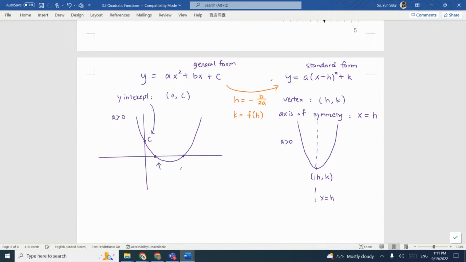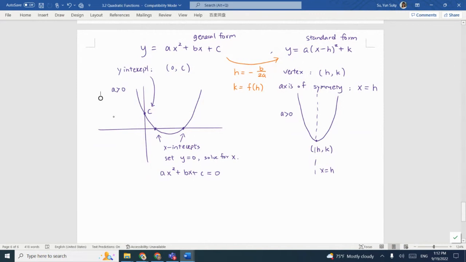The x-intercept is where we define the x such that the y equal to 0. Remember, we set the y equal to 0 and we solve for x. That's exactly the quadratic equation. Right? We set the y equal to 0. This is exactly the quadratic equation. Right? And so we have the quadratic formula.